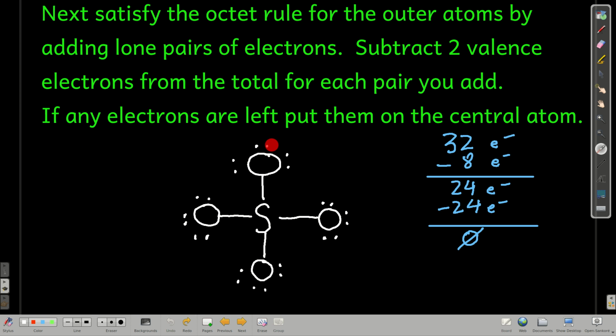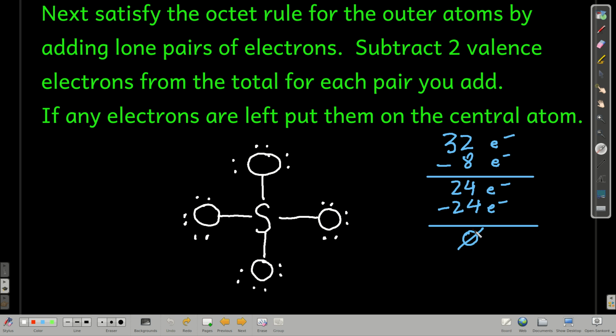Before we added these lone pairs, each 2 dots is one lone pair of electrons. Oxygen only saw 2. It needed 6 more, so I put 6 dots. And when you're putting them, put them in pairs. Think about a box around the outside of the oxygen, 2 dots on each side at most. So I've now used up 6, 12, 18, 24 more of our valence electrons.